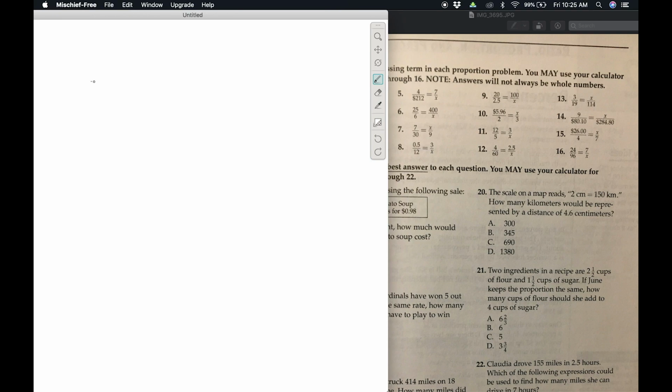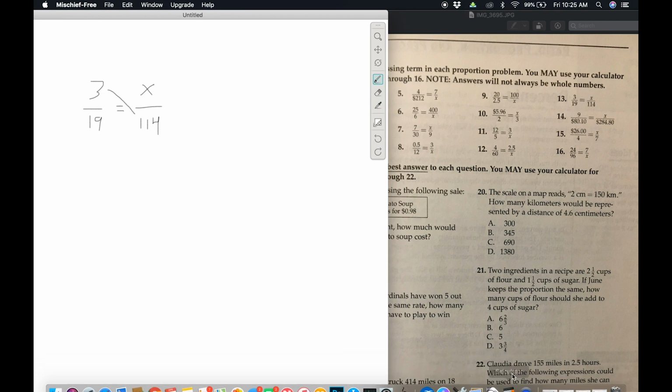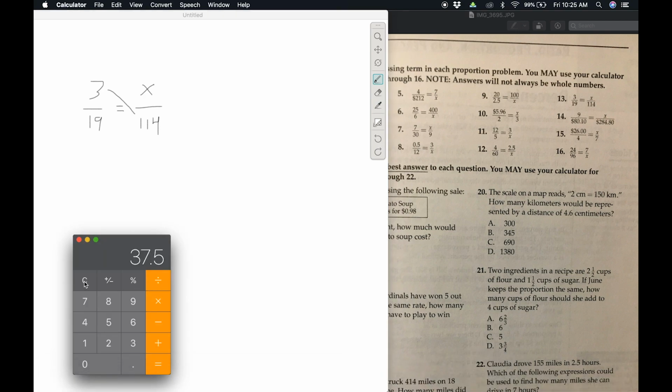Now we have number 13, 3 over 19 is equal to x over 114. So multiply diagonally towards the side of the x. 3 times 114 equals 342.